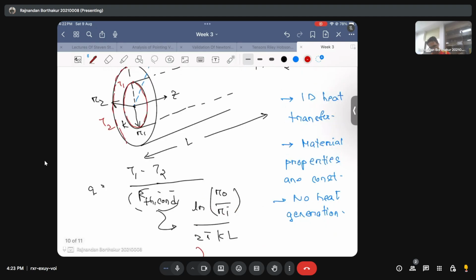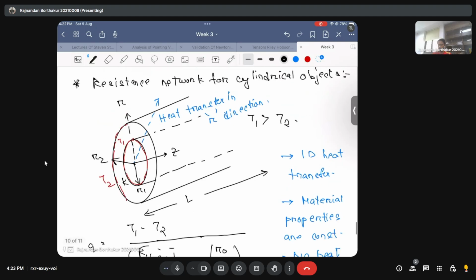Okay, and this aspect of analyzing heat transfer in cylindrical geometries is even more useful, typically because most of the pipes and stuff like that that are important for heat transfer are of cylindrical shape, to be precise.